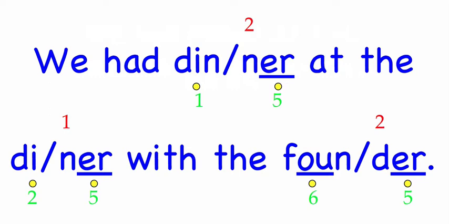In dinner, we have two consonants between the I and the ER, so we divide between those consonants according to Syllable Rule 2. In the word diner, we have one consonant between the vowels, so according to Syllable Rule 1, we divide after the first vowel and before the consonant, thus causing the first vowel in the word, I, to represent its long sound, according to Vowel Group 2.